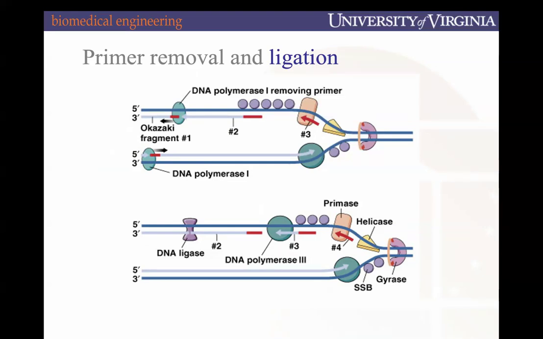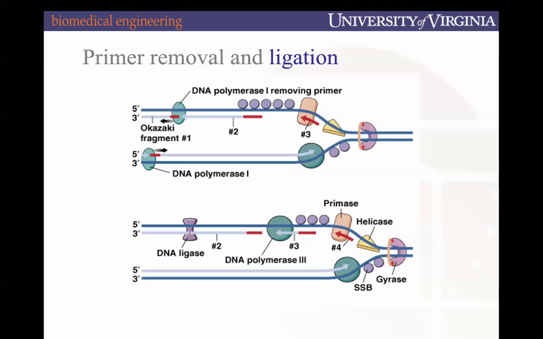DNA ligases ligate together, join together DNA fragments so that we have a single contiguous double-stranded DNA that makes up that long segment of that chromosome. And it's meant to fill in those gaps to make sure that there's no gaps at all within our DNA during replication.